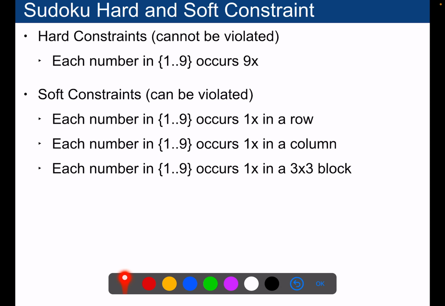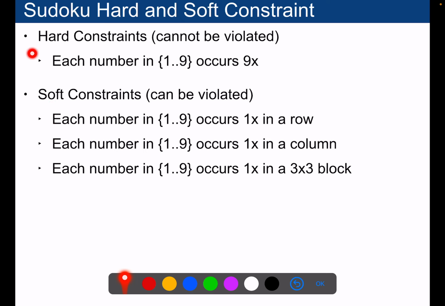Okay. So every time you design a local search approach for a problem, you have to decide what will be the hard constraint that you will keep satisfied along the moves, and what will be the soft constraint that you will try to minimize the violation of.